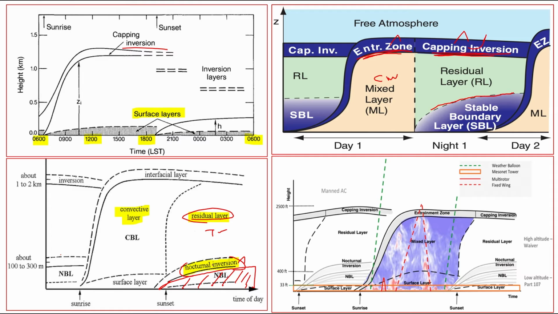Because of that, this cold air cannot go further up. There is always a flow from high temperature to low temperature, so the flow cannot go from low temperature to high temperature. It is trapped between these layers, and that is called the nocturnal inversion layer.